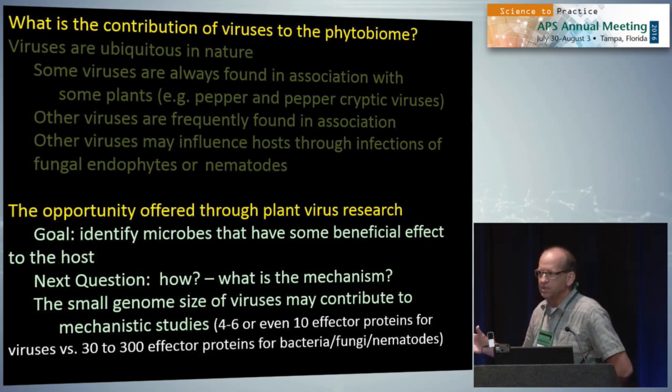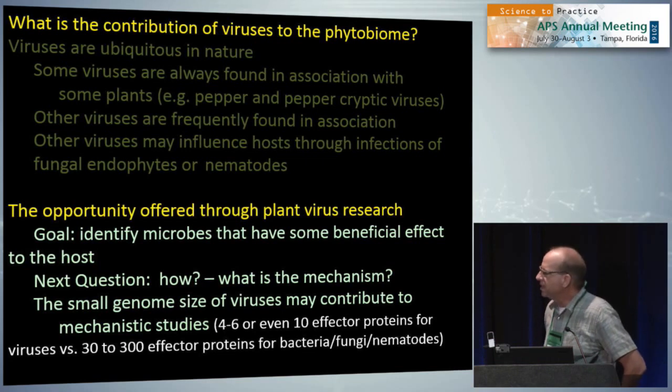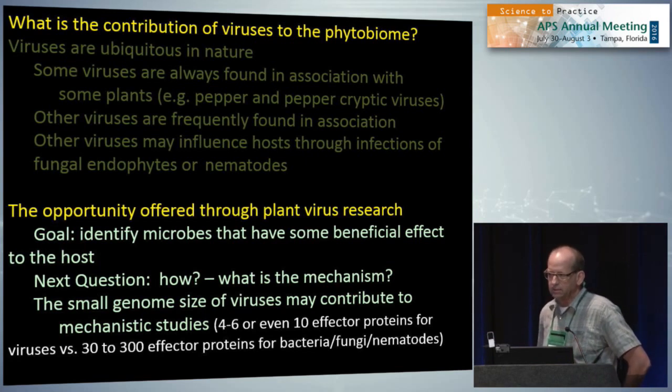And Anna touched on this as well. Now, the small genome size of viruses may contribute to mechanistic studies. And Michael, there was one thing he didn't really emphasize in his slides. Viral proteins equal effectors. Every viral protein is essentially an effector protein.